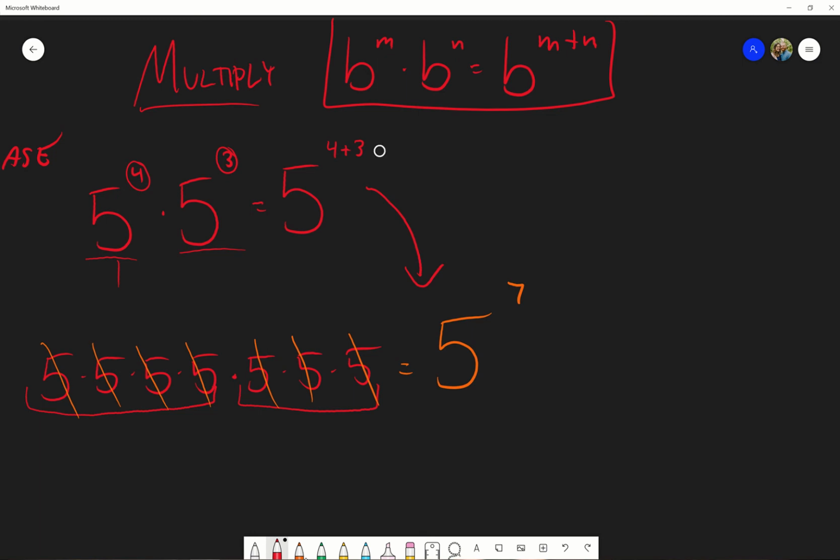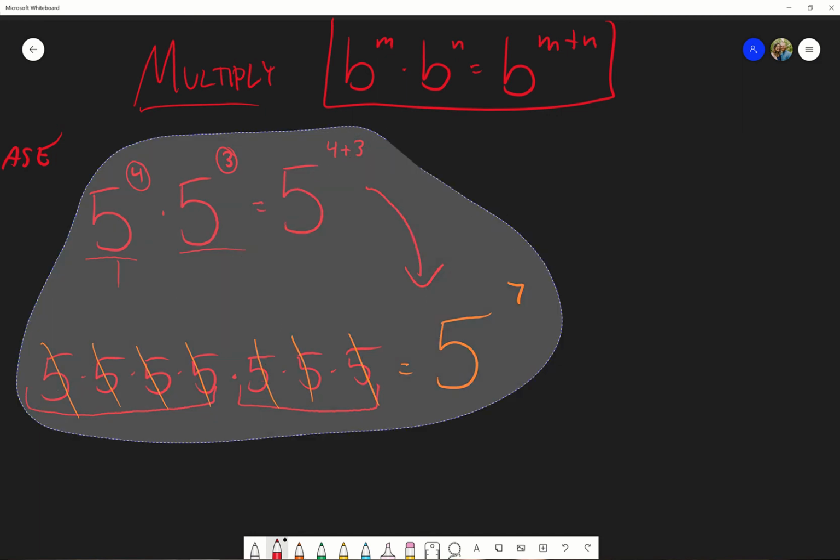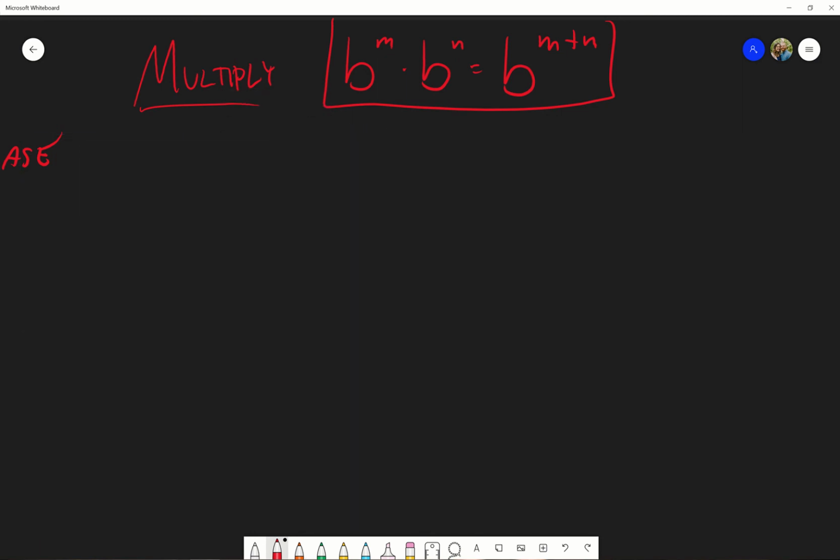Okay, what if I had something like 16 times 16 to the power of negative 7? Well, 16 by itself, anything by itself like this that doesn't have a power, is always raised to the power of 1.